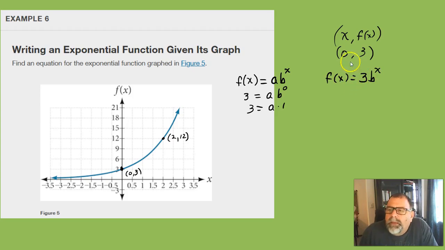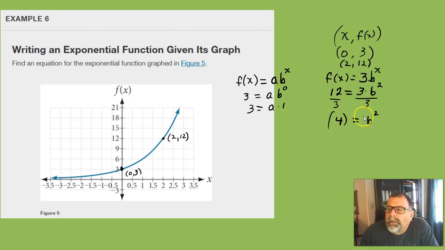Now to find b, use the second point, 2, 12. Once you understand that, you can skip this work and just go straight to here. That's what the technique says in the writing on the previous page. So we're going to put 12 in for f of x. b we don't know, and x is 2. So divide by 3. So b squared equals 4.